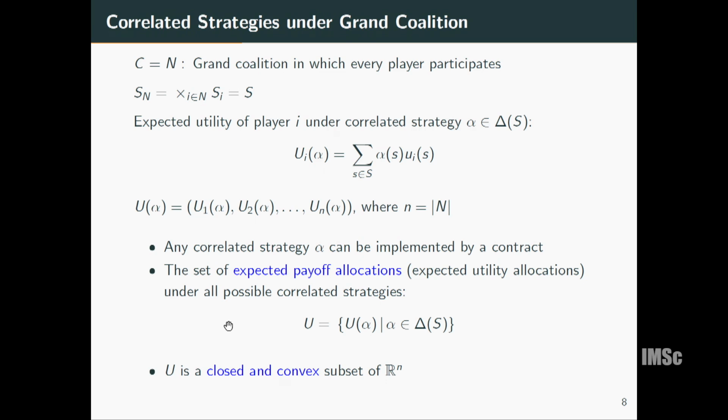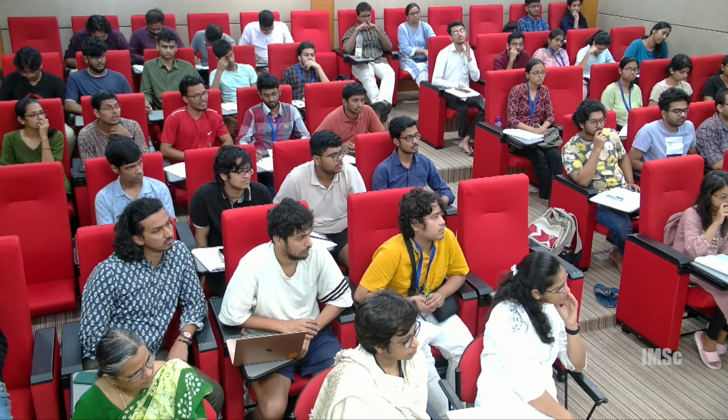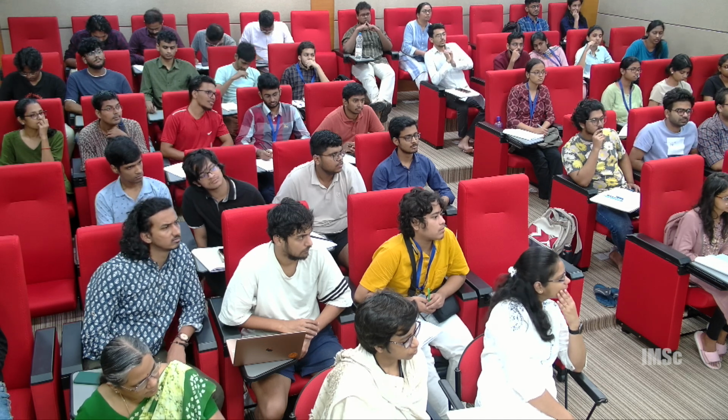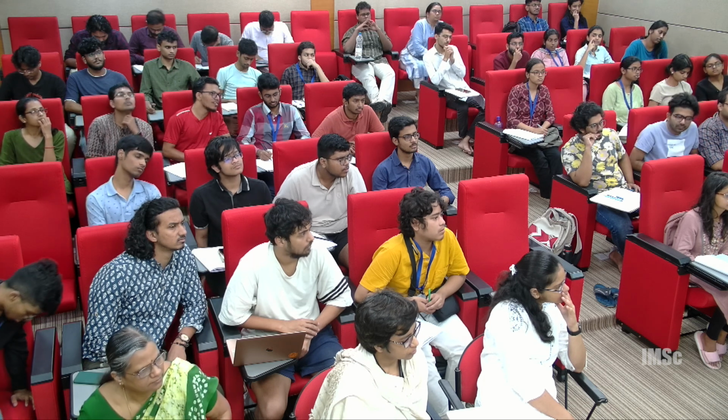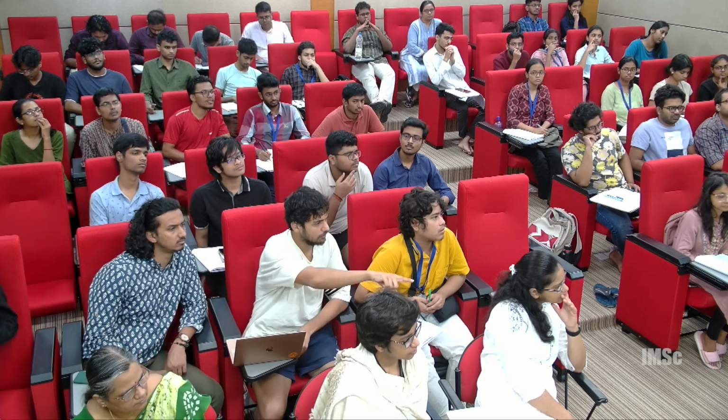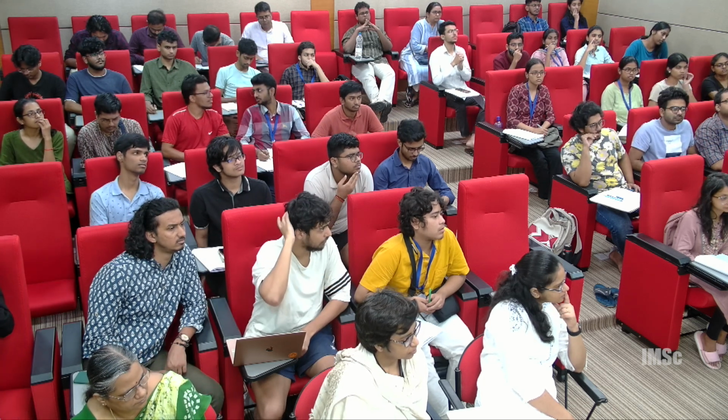First of all, do you know what is closed, what is convex? Okay, what is convex? When you take two points in the set, the path between them is in the set. Exactly. So, can you see why this set will be a convex set? Before that, what is n? n is the total number of players.